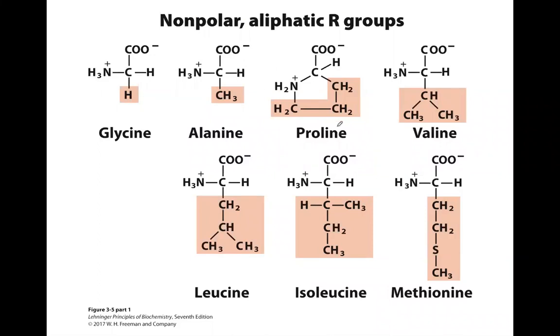Now, proline is very different from all the other ones because it's the only amino acid in which the nitrogen, the amino group, is incorporated into the ring. So let's see what's happening here. You have the R group coming off the alpha carbon, going this way and forming a bond with the nitrogen, twisting around to form a ring.